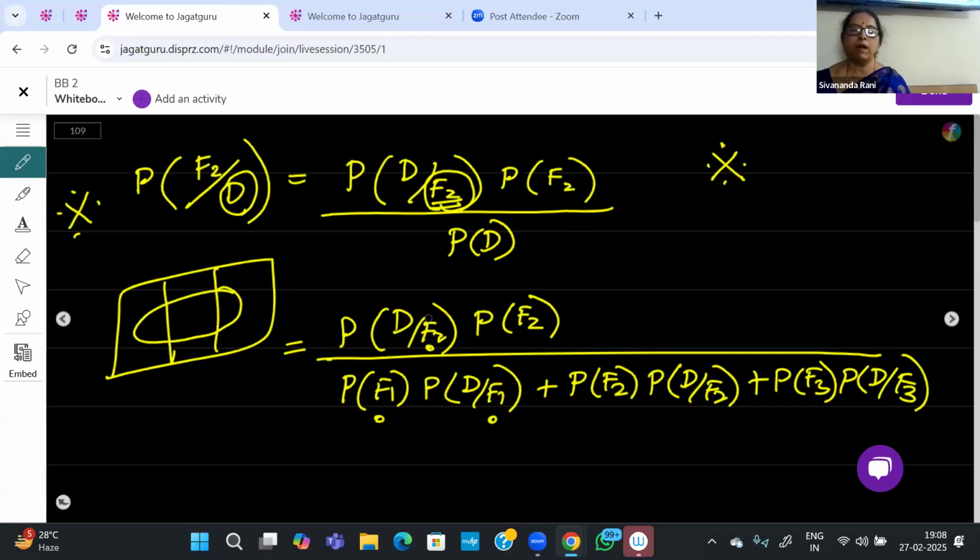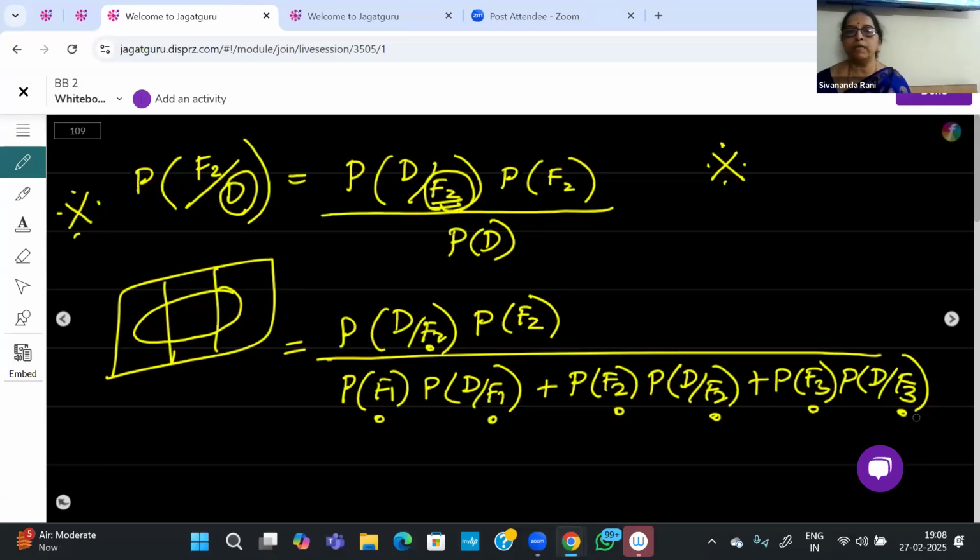We had F2 occurring after the slash, right? But we need to consider by shuffling what is happening in the denominator. That F2 is happening, no? We have to write it as F1, F2, F3. That is the structure of Bayes theorem.